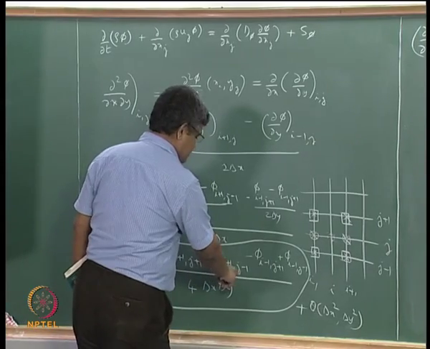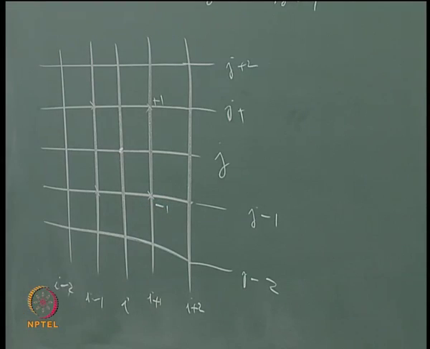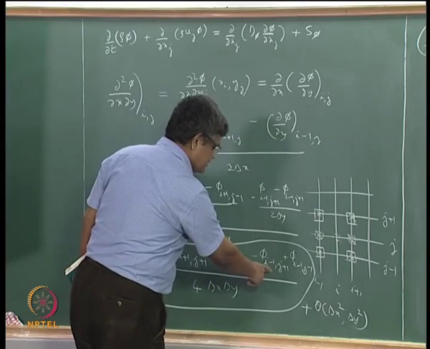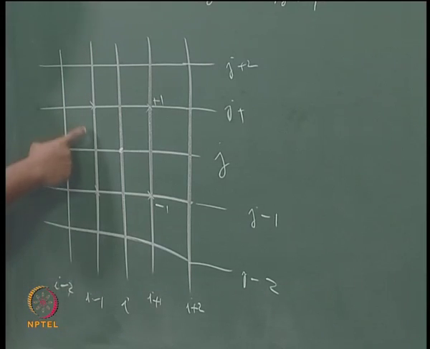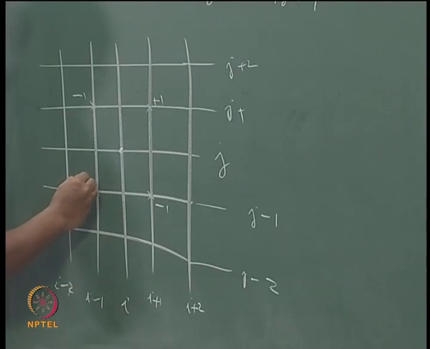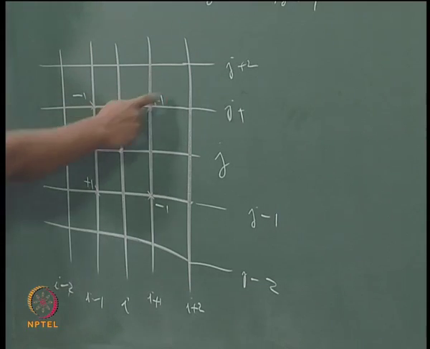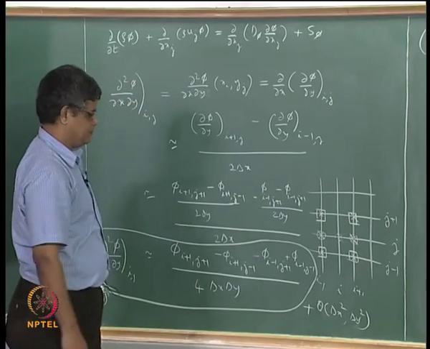I plus 1 j minus 1 is minus 1, and I minus 1 j plus 1 is minus 1, and I minus 1 j minus 1 is plus 1. So we have a contribution of plus 1 from these two corner points and minus 1 from these two corner points for formula A.